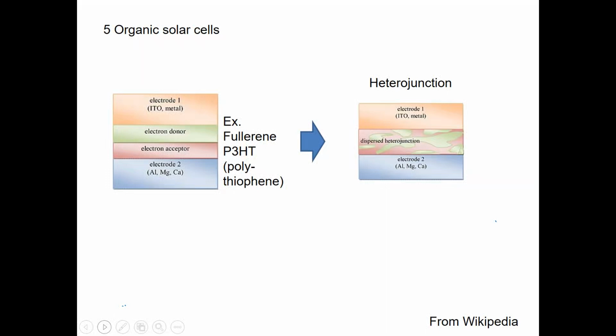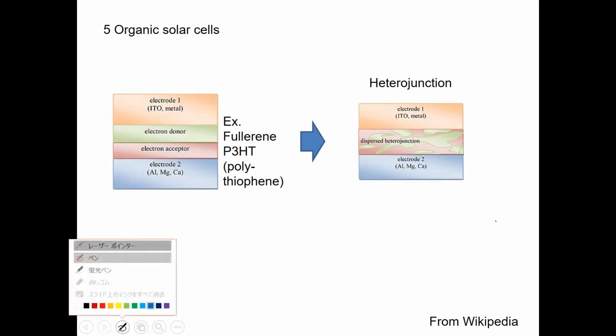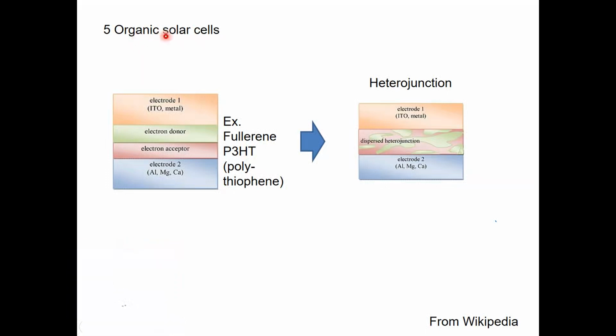And as you could see from the name, except the electrode, the solar cell part is made of organic materials. And what happens here is two types of conductive polymers have a contact and are sandwiched by the electrodes.